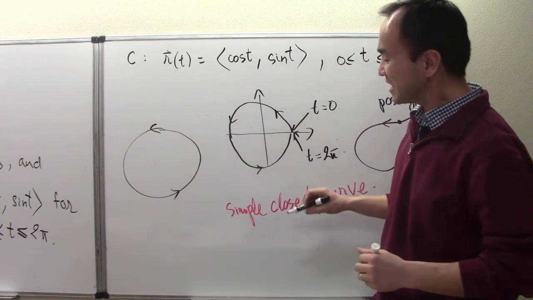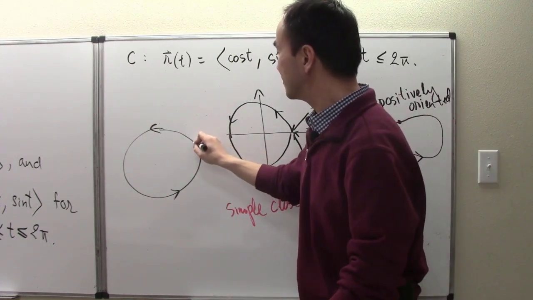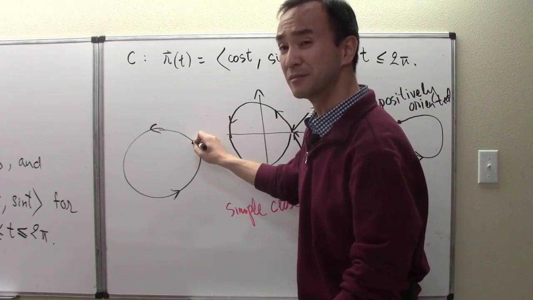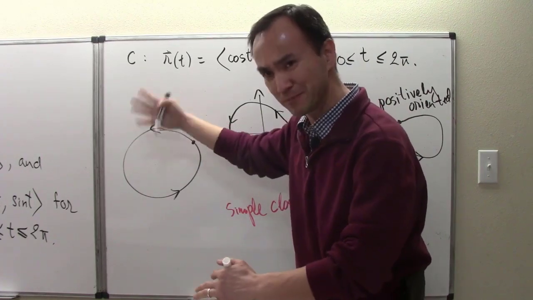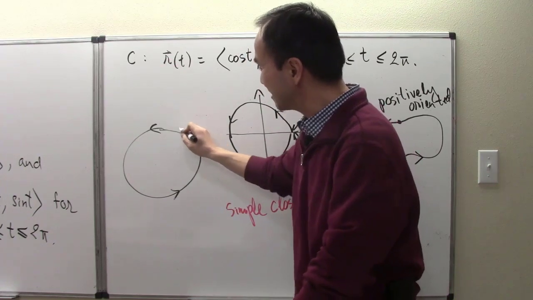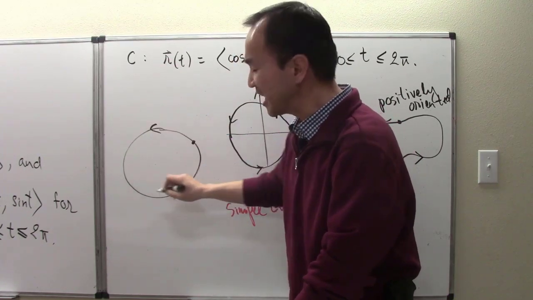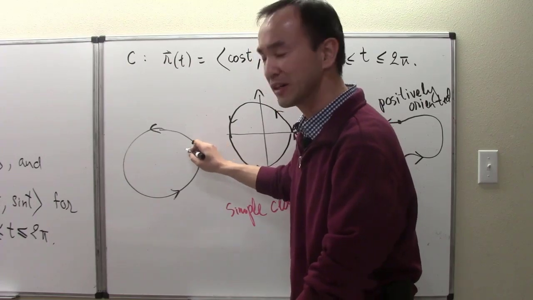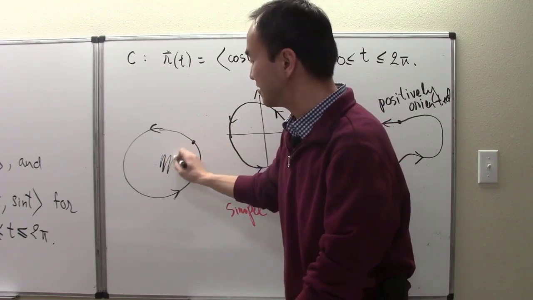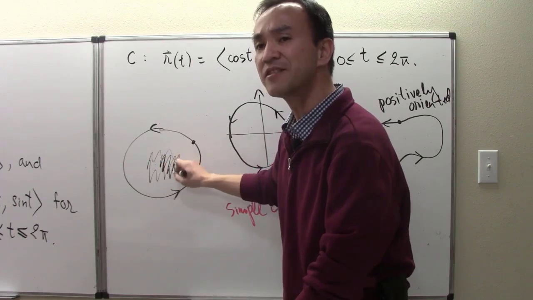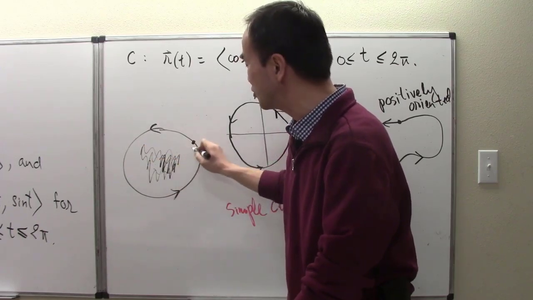That's another way of seeing it. Or think about if you're the person moving along the path. I've learned this from some textbook authors. The positive orientation means that if you're moving along the curve, the inner area of your closed loop is on the left.